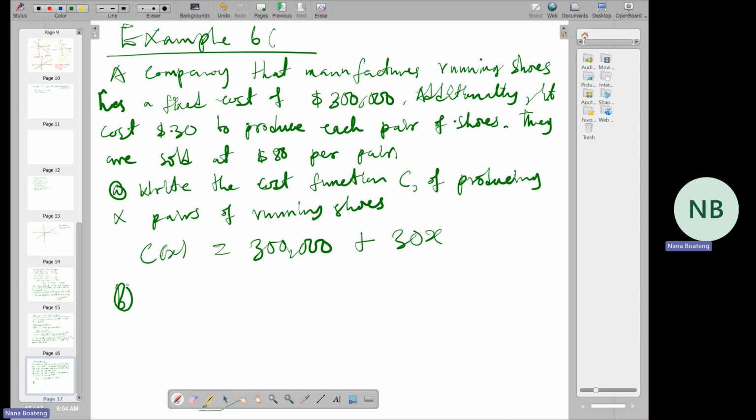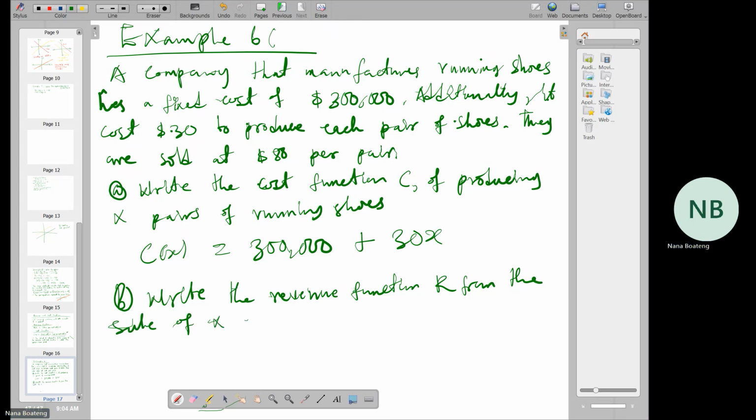B: write the revenue function R from the sale of X pairs of running shoes.